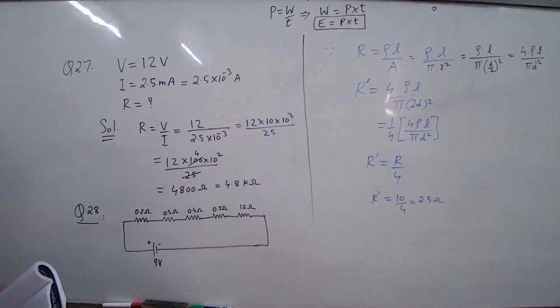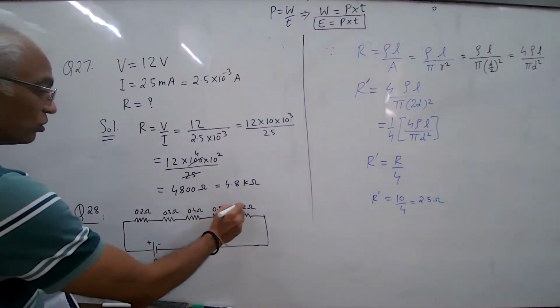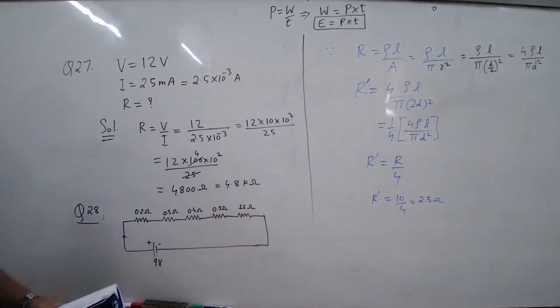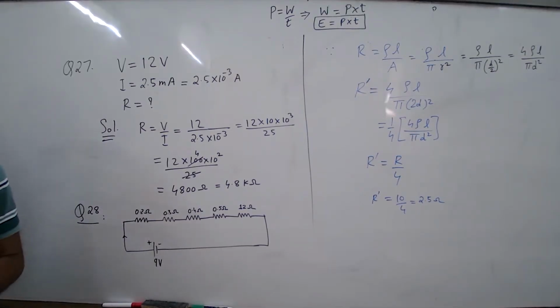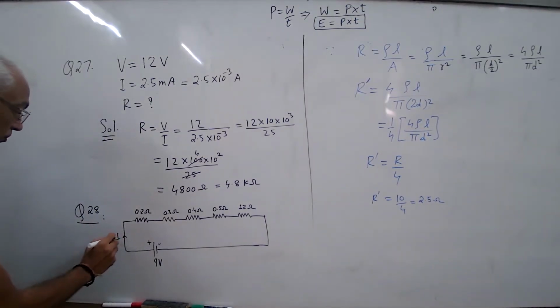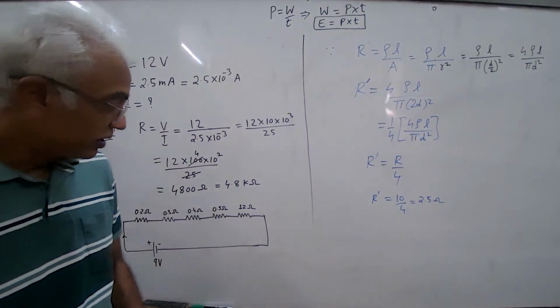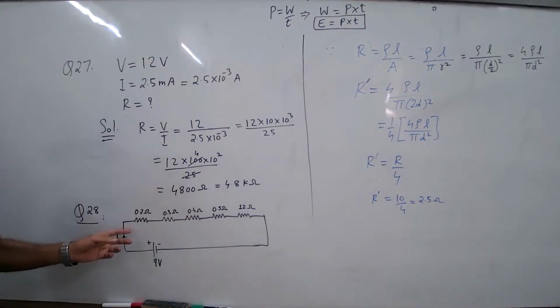You are supposed to find the current passing through 1 ohm. Would the answer have been different if I asked for the current passing through 0.2 ohm?